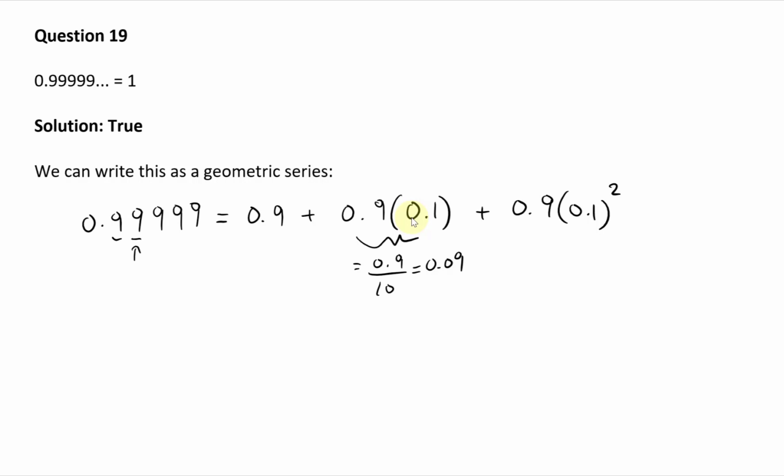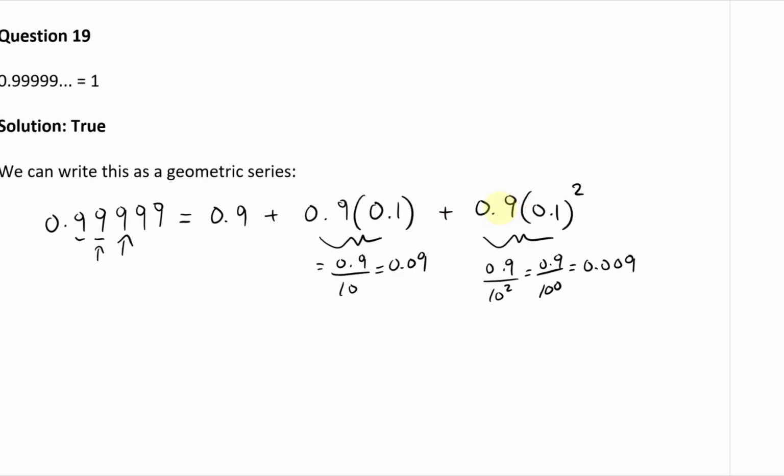This equals 0.9 divided by 100, because it's divided by 10 squared, and this equals 0.009. That's this part right there.